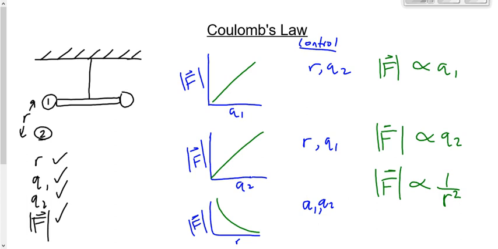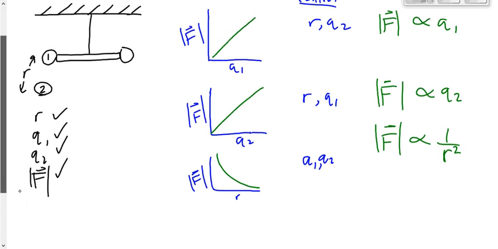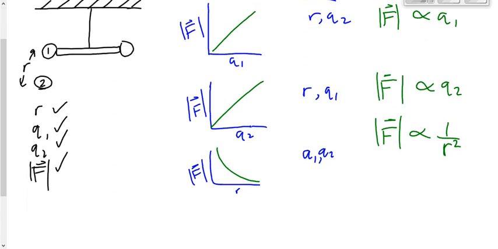Now, Coulomb looked at all this and said, all right, if F is proportional to Q1, and it's proportional to Q2, and it's inversely proportional to the square of the distance, then F is equal to a constant times this.